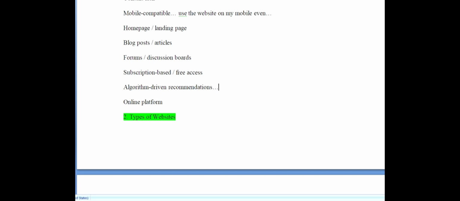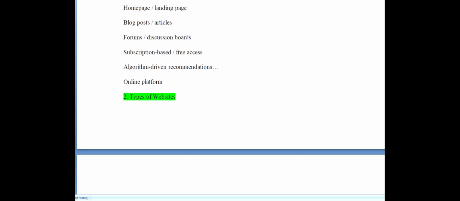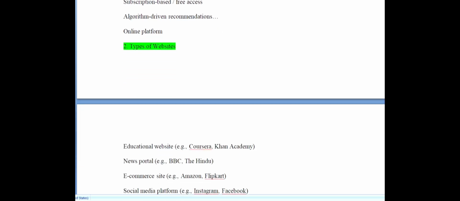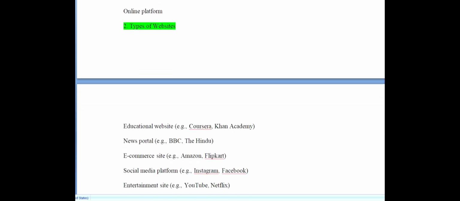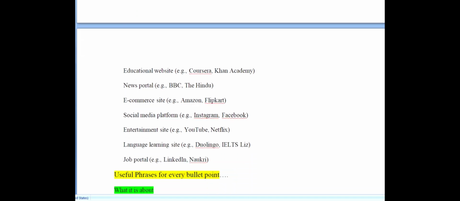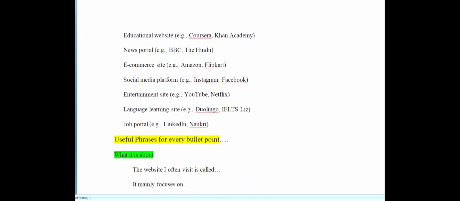The online platform, the various types of websites which you can mention in your sample answer. For example, an educational website, like Coursera or Khan Academy. Then news portals like the BBC and The Hindu.